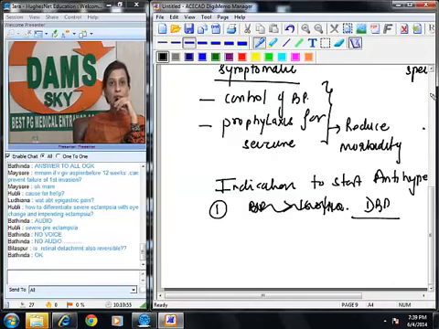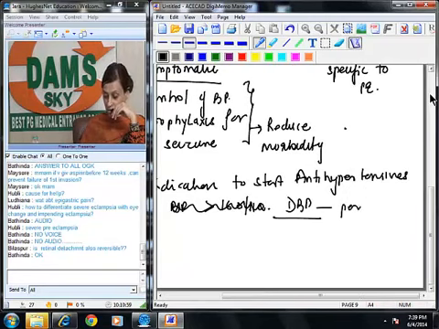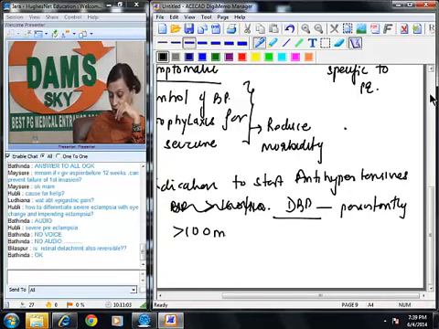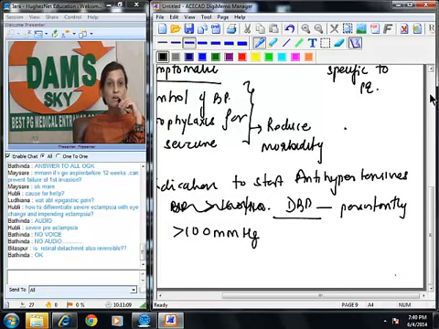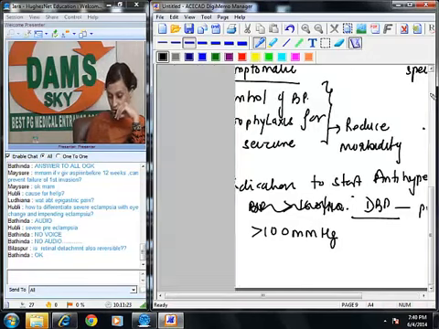Any time when the diastolic blood pressure is persistently more than 100 millimeters of mercury. This would automatically include all patients of severe preeclampsia where the blood pressure is more than 160 by 110, right? So the first point is, when the diastolic blood pressure is persistently more than 100 mmHg.